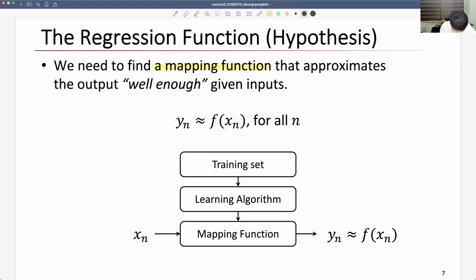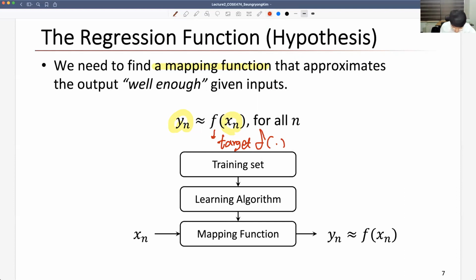Here xn is the input variable and yn is the output variable, and this function f is our target. So our goal in the regression problem is to find this target mapping function, defined as the f function.